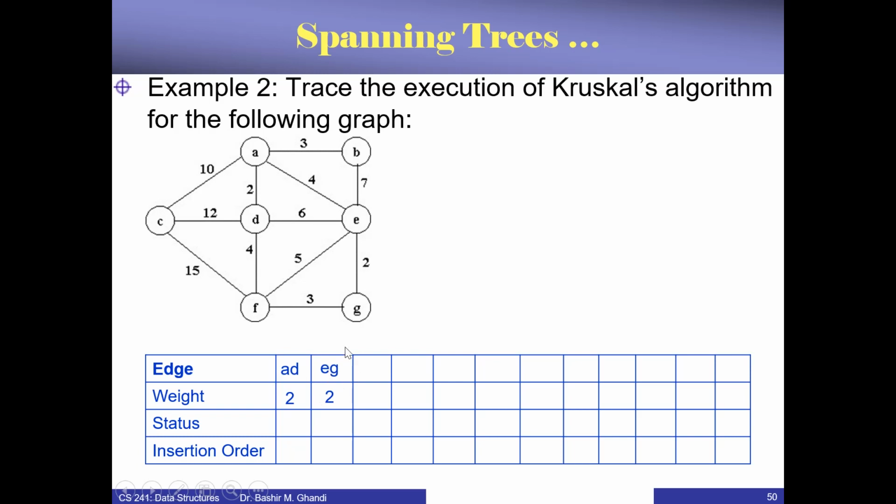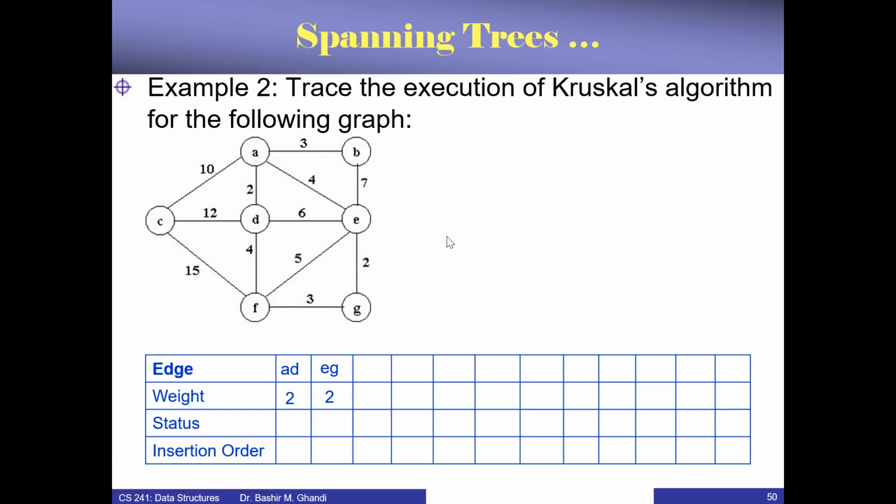If you don't follow this, you may get a different tree than another student, and we want all the trees that everybody gets to be unique. So the simple rule is, when you are naming your edges, name them from the smaller letter to the bigger letter. This is rule number 1. Rule number 2: if the edges have the same weight, put them in the sorted list starting with the one with the smaller letter. I hope this is clear.